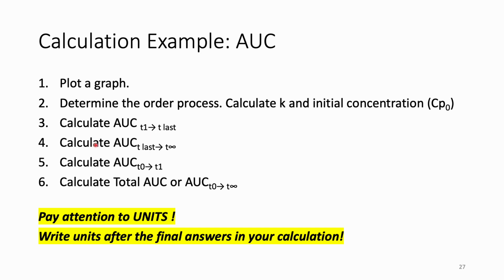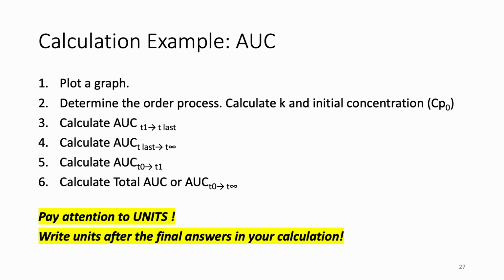Then to calculate the AUC from T last to T infinity, you use the equation I mentioned above. Then you calculate the AUC from T0 to T1. Thanks to the initial concentration, you can use the trapezoid rule to calculate this. And the total AUC is the sum of all the AUCs you just calculated.